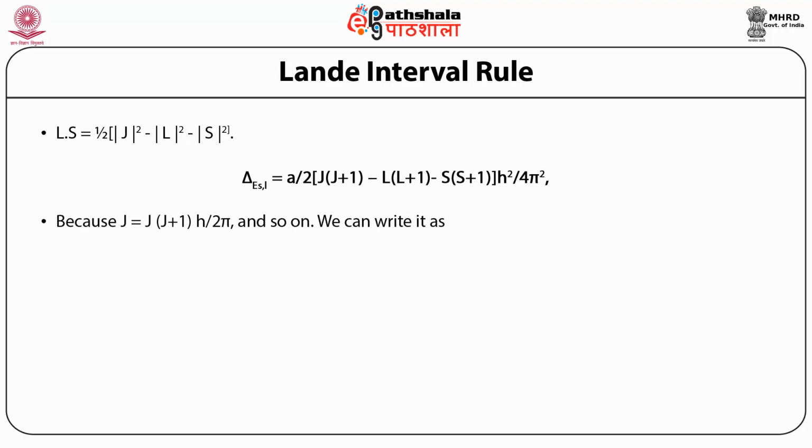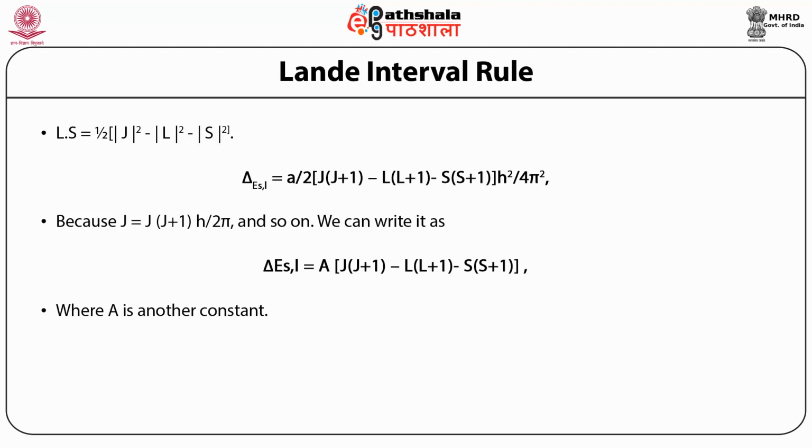Now because |J| = √(J(J+1)) h/2π and so on, we can write ΔE_SL = A[J(J+1) − L(L+1) − S(S+1)], where this capital A is another constant.